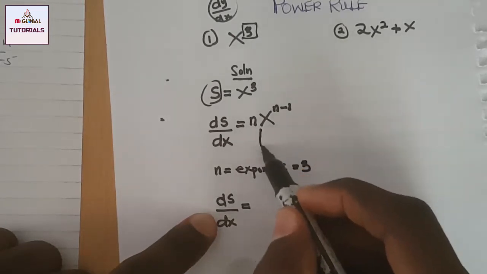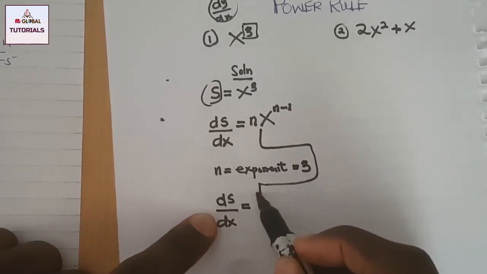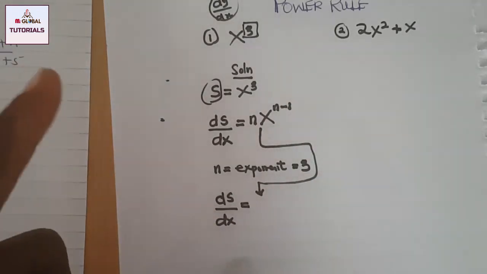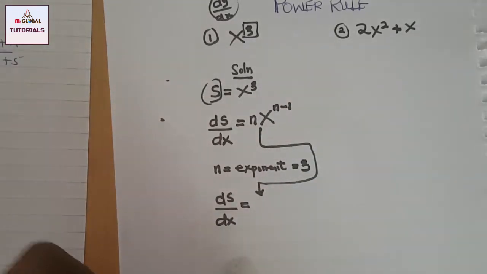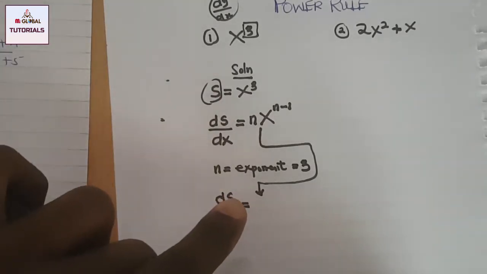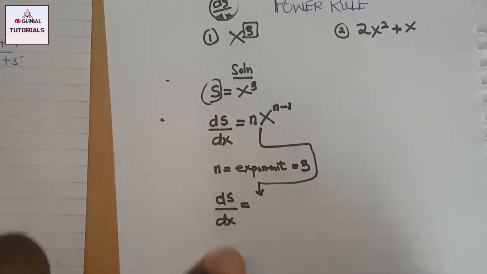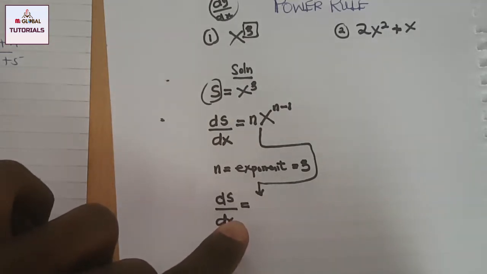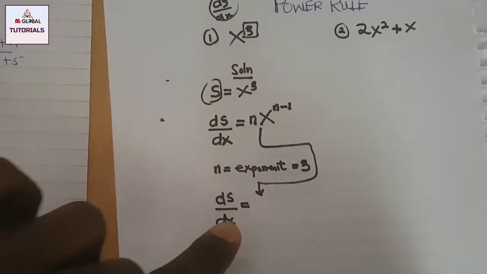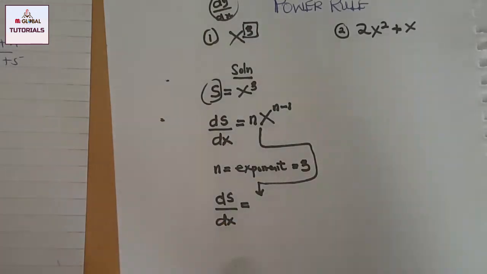When you manipulate this rule, it is not necessarily a formula, but a relation: n, which is the exponent, times x, the independent variable, to the power n, the exponent, minus 1. That is the general rule for the power rule.